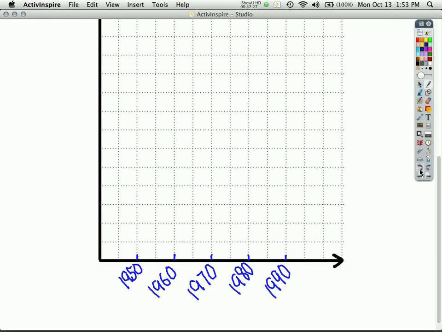Okay, but you can't do that. Because that's not the same distance as that. It has to be the same distance.